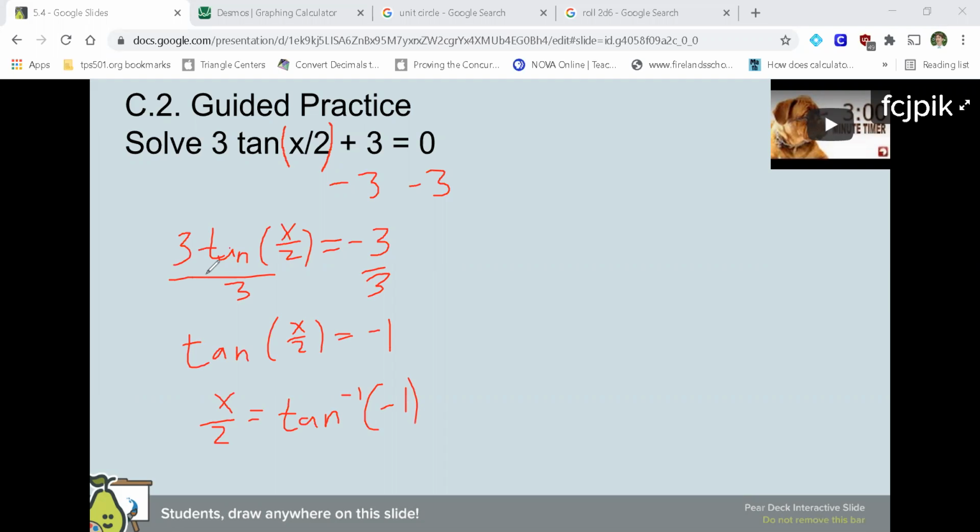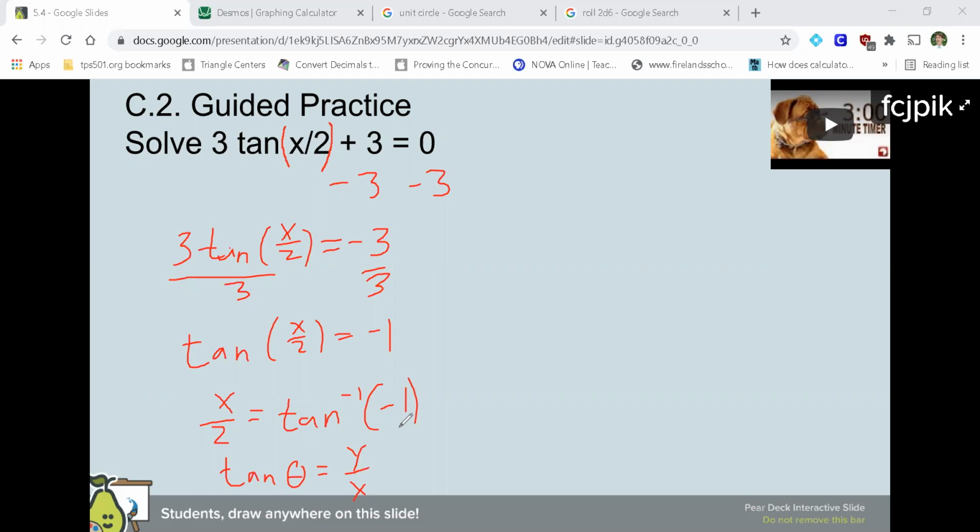All right, Lucas, this is the part where everyone that I helped got stuck. Did we get stuck here? Yeah, okay, that's all right. So remember, tangent of an angle tells you y over x. So we have to think, how can this be -1? Well, in order for it to be 1, they have to be the same amount, right?